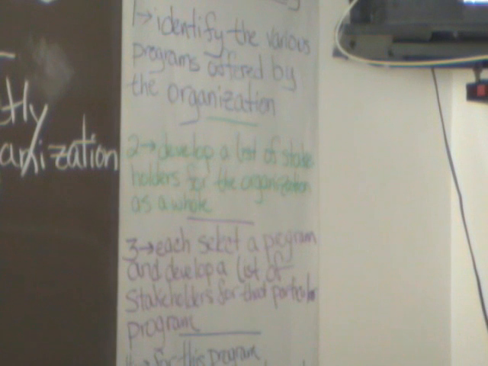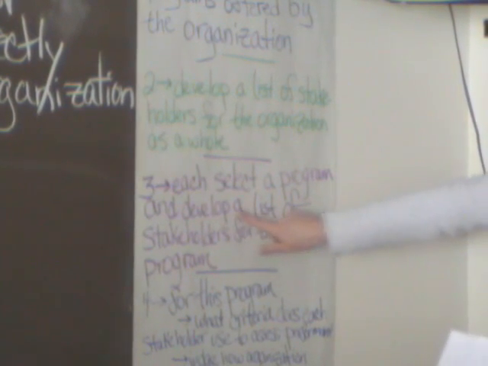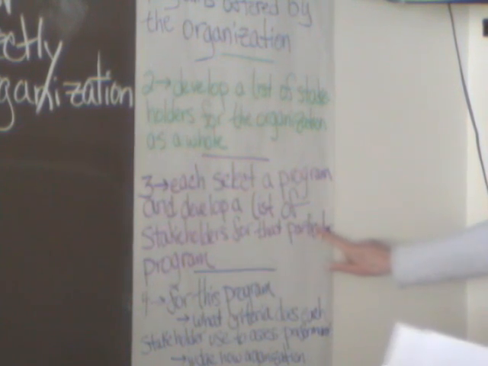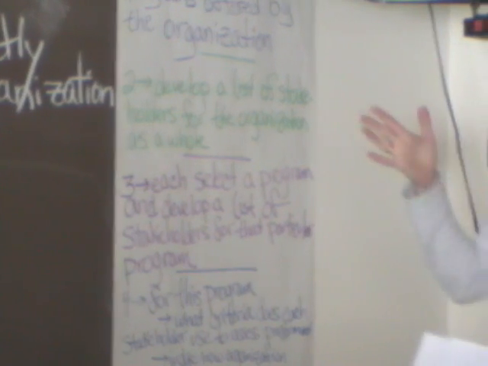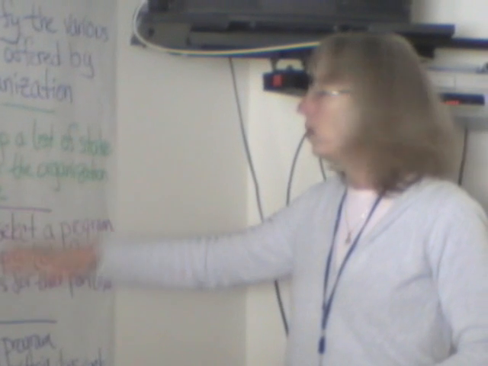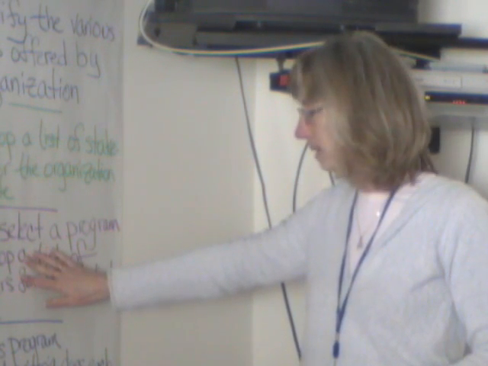Develop the list of stakeholders for the organization as a whole. Then what I'd like each one of you to do is to just pick one of those programs that are in that list and develop a list of stakeholders for that particular program. So yes, there's going to be overlap with number 2. They may indeed be the same group of people, or you may have one or two others based on the program that you've selected.